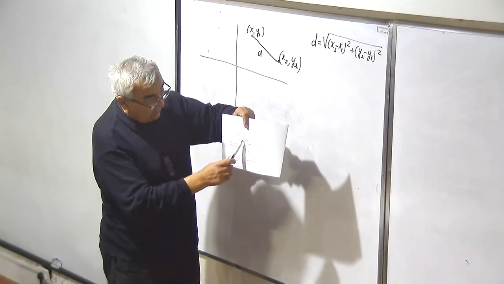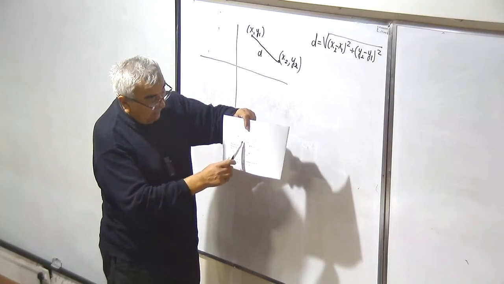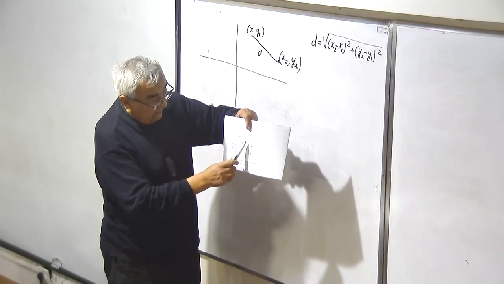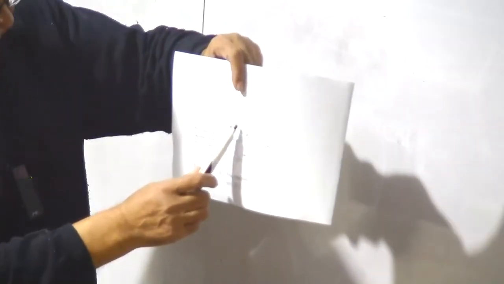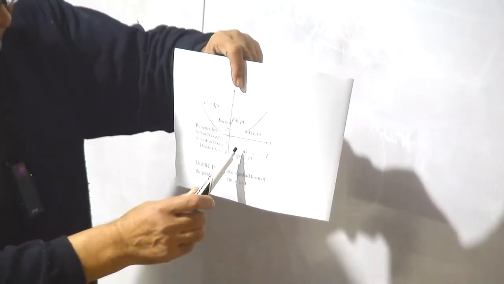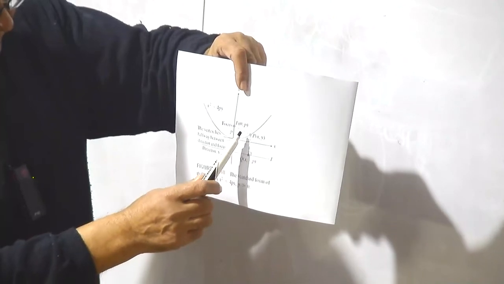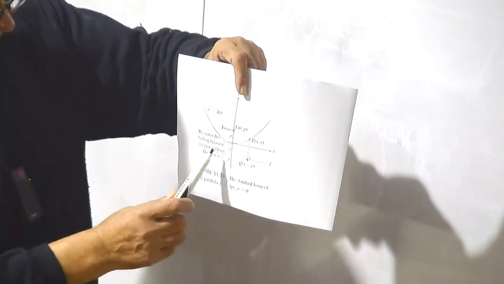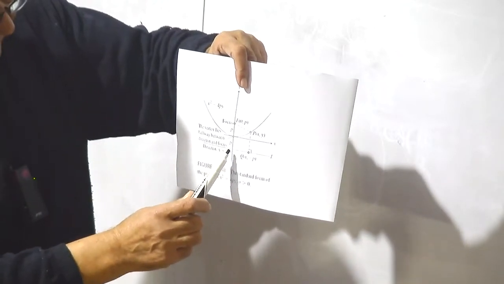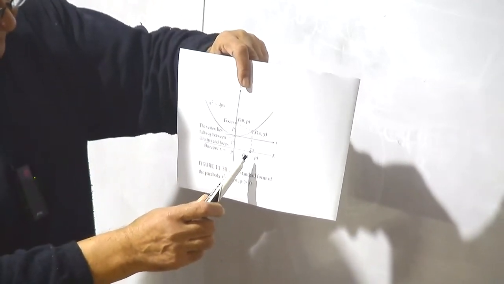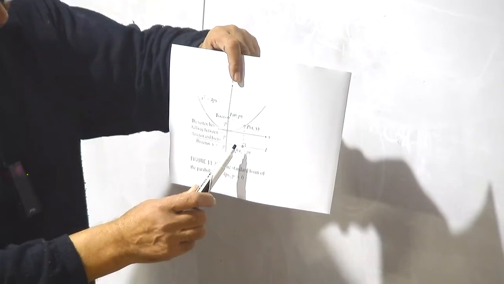The focus has fixed coordinates: the x coordinate equal to 0, and the y coordinate equal to p. The coordinate of the point perpendicular to the directrix is x, and minus p for the y coordinate.